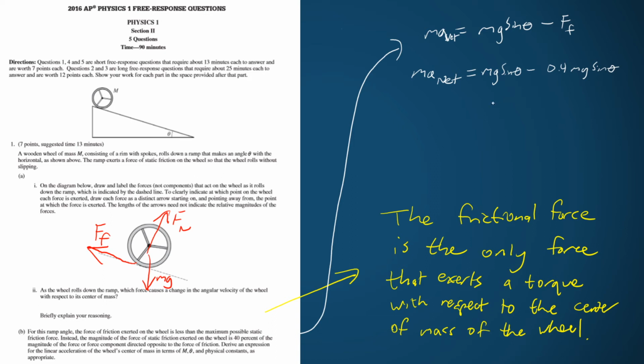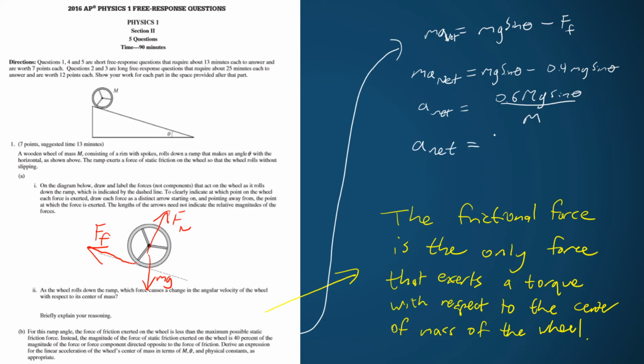Yeah. Okay, so if I subtract these, that gives me our net acceleration is equal to 0.6 times my mass g sin theta divided by mass. And those are the same mass, so we can cancel.